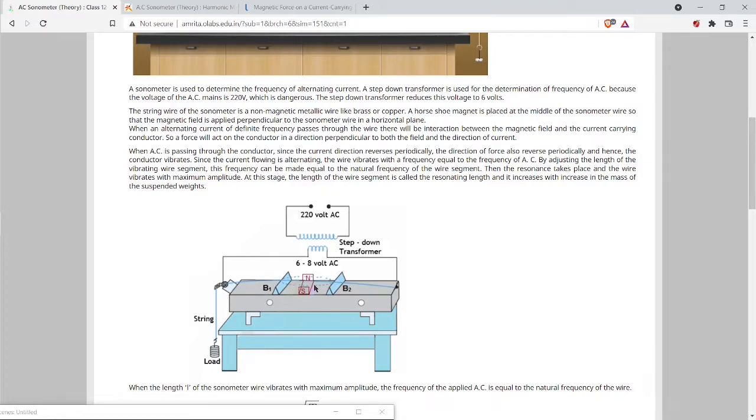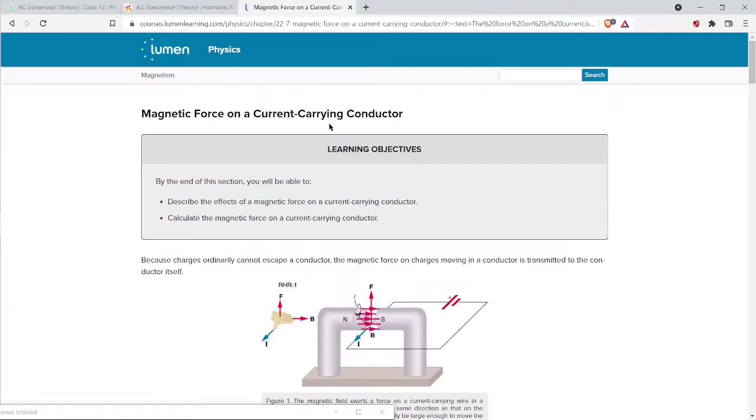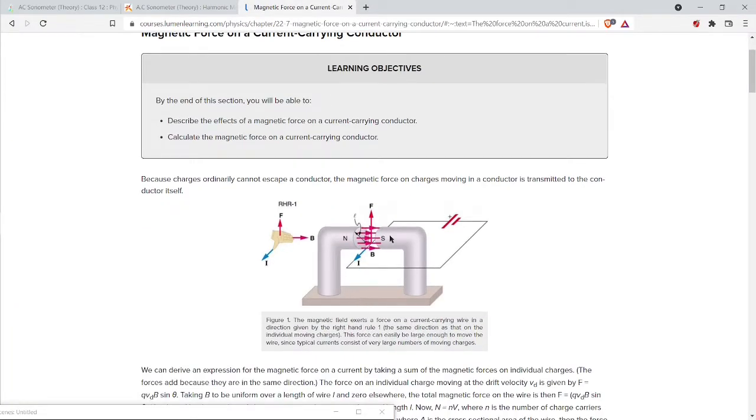Now let's have a look at two pieces of physics. We will divide it into two parts. One is the force acting on a current carrying conductor by a magnet. Here is the figure. You can see there's a magnetic N pole and a magnetic S pole, and the magnetic field is directed from the N pole towards the S pole, and this is a current carrying conductor.